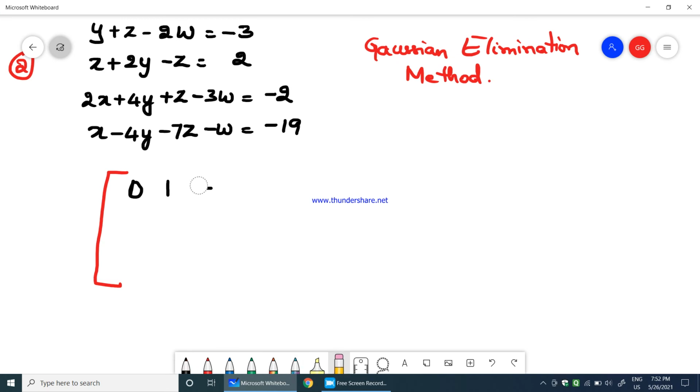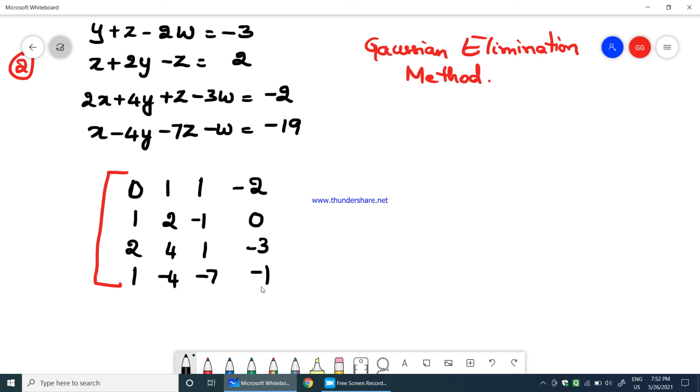So therefore 0 1 1 minus 2, then the second is 1 2 minus 1 0, the third is 2 4 1 and minus 3, the fourth one is 1 minus 4 minus 7 minus 1, and therefore on the right hand side you get minus 3 2 minus 2 minus 19. So this is it, close the bracket here.